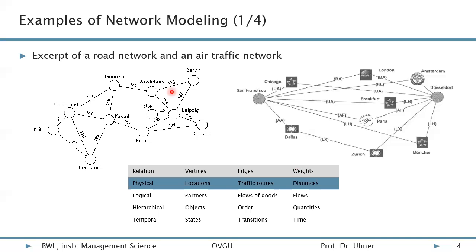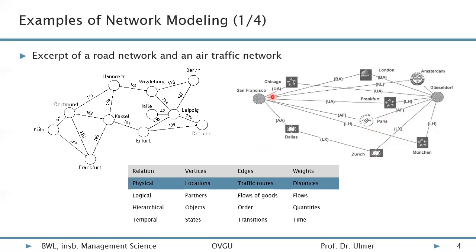To Berlin, it's 153. And we cannot get to Halle, at least in this example. I think they're currently constructing the highway also, so the network might be extended. But you see, it's not possible to have direct connections between all locations. You always have some intermediate nodes.